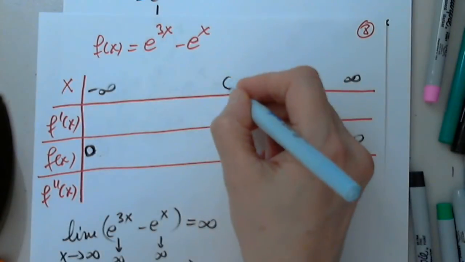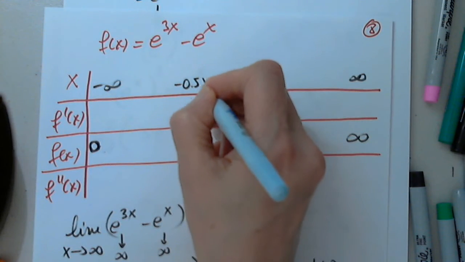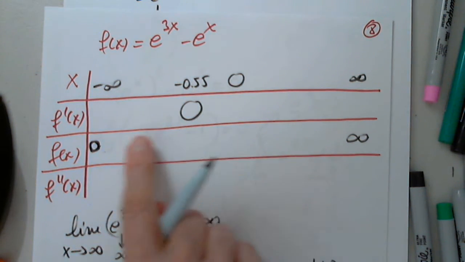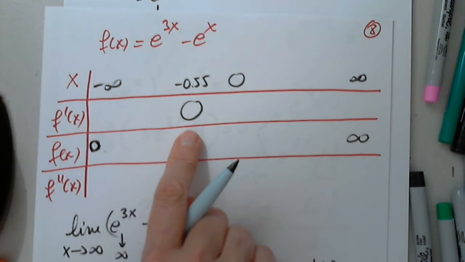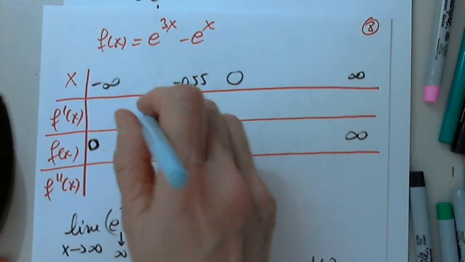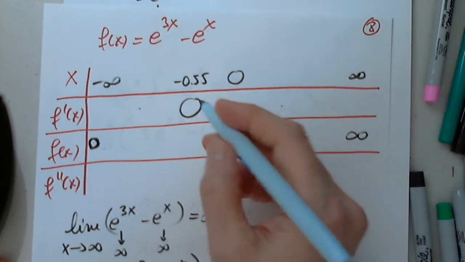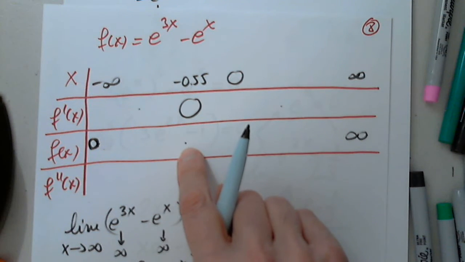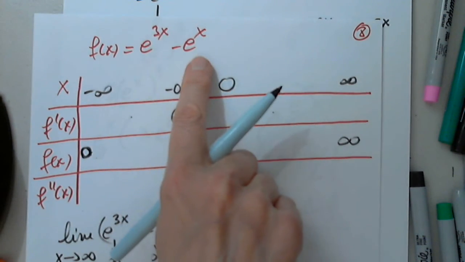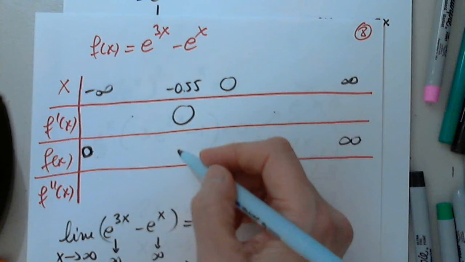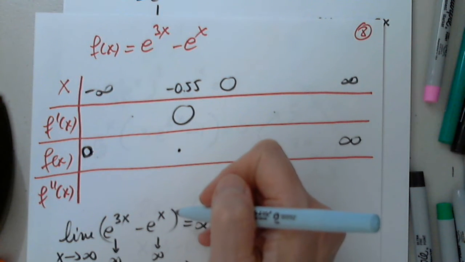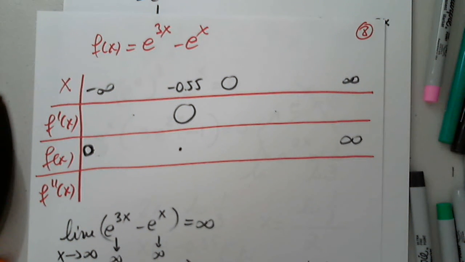Okay. Negative 0.55 is in the table, and 0 for the derivative. Now I have to study the sign of the derivative left and right, and I have to plug this into the function to find the y value. Okay?